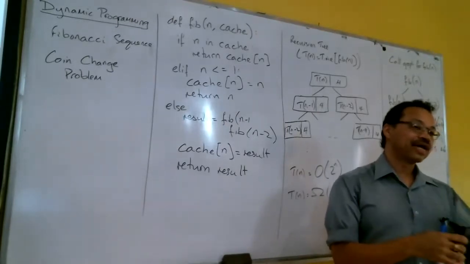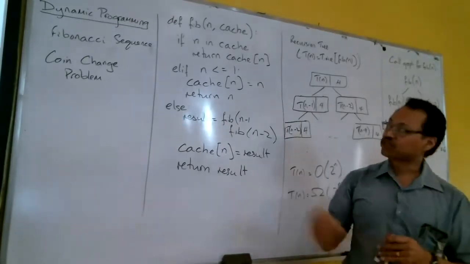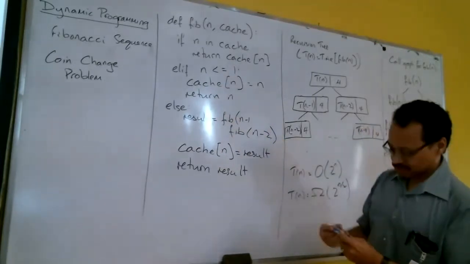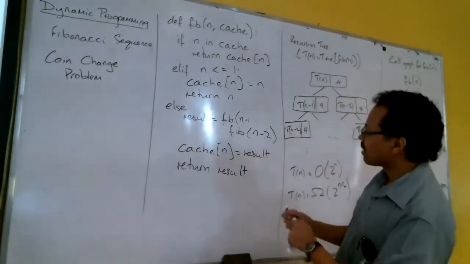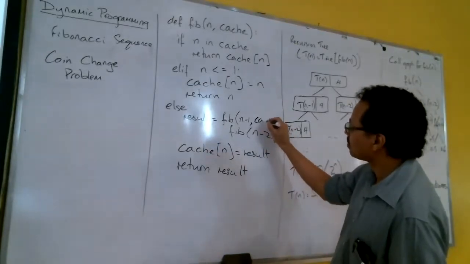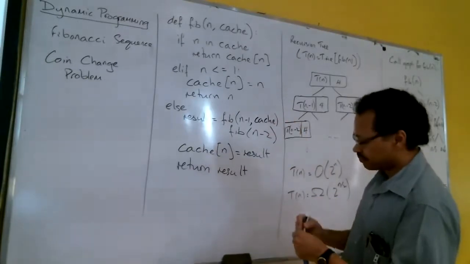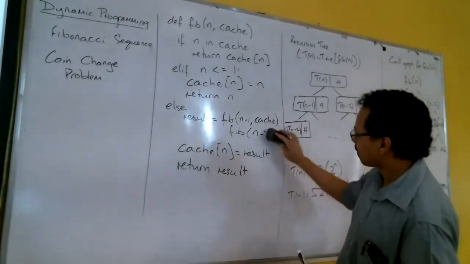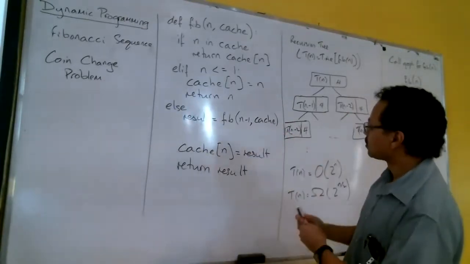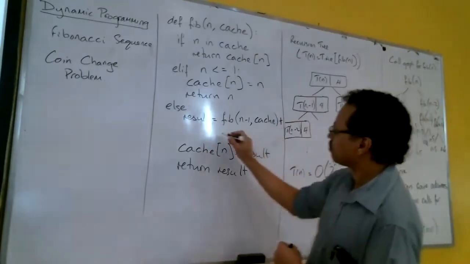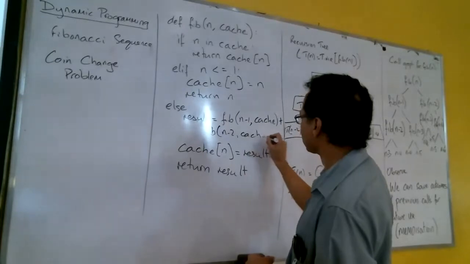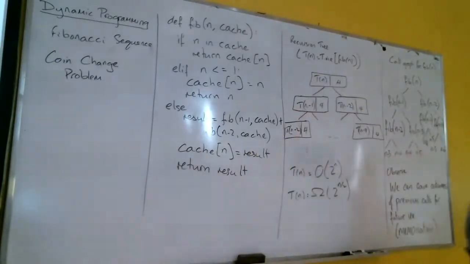It's really important that the cache you declare, which is changing, is external to this function. Anyway, to be correct, you're right, I should have passed it here, and I should have passed it here. Sorry about that. So this is plus fib n minus 2 in cache. Yes?